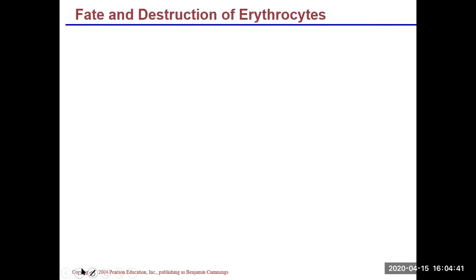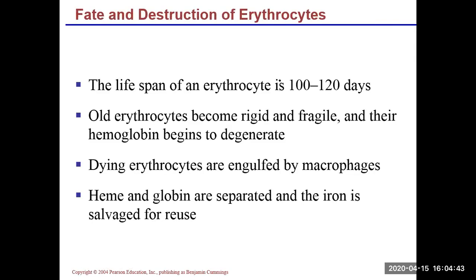So 100 to 120 days is the life expectancy for erythrocytes. The erythrocytes become older, they become fragile, and they need to be taken care of. They need to be remade, to be replaced, and this is what happens to them as they become old and fragile. Well, they can be engulfed by the macrophages.